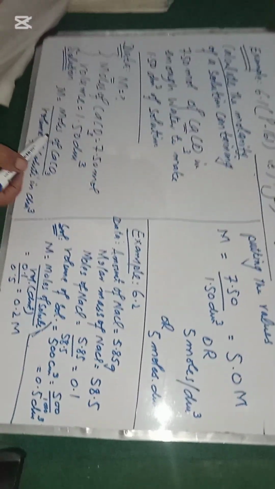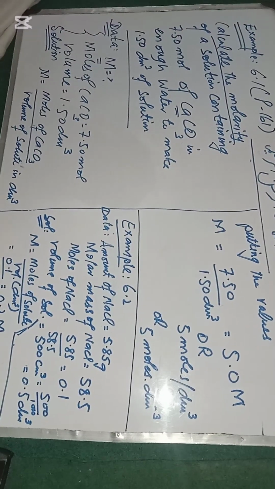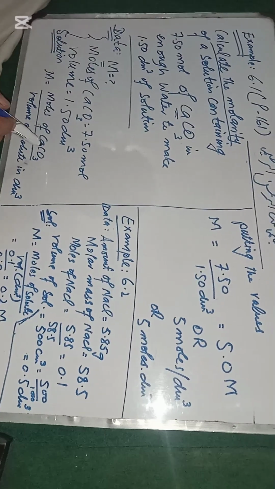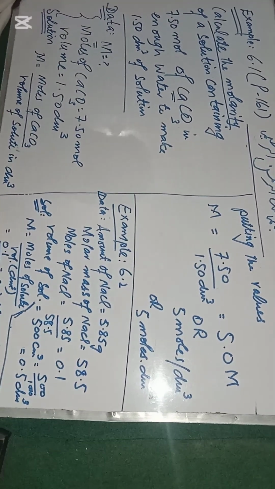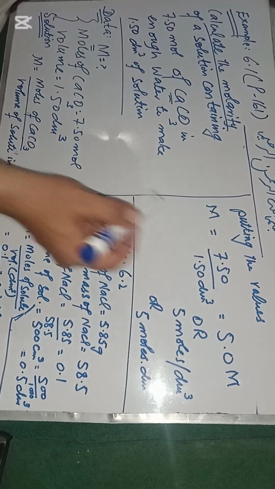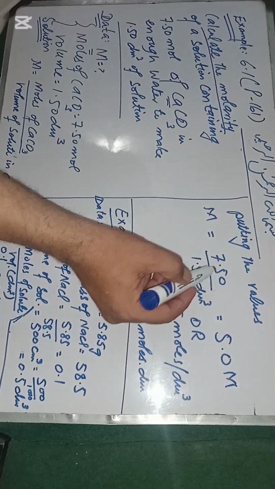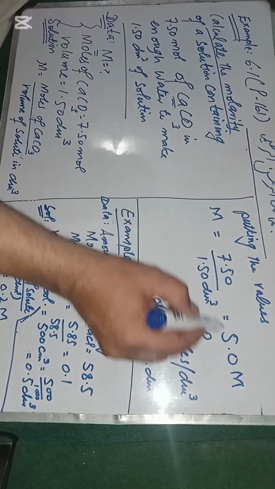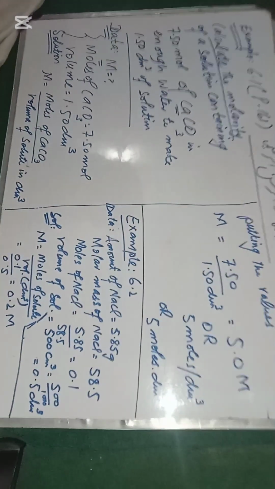The formula is, as we have discussed just before, the moles of solute dissolved per volume of solution in dm cube. So putting the values, 7.50 divided by 1.5, the answer is 5 moles per dm cube.